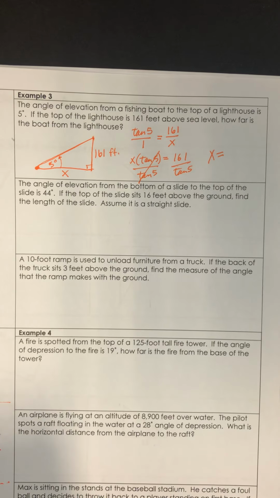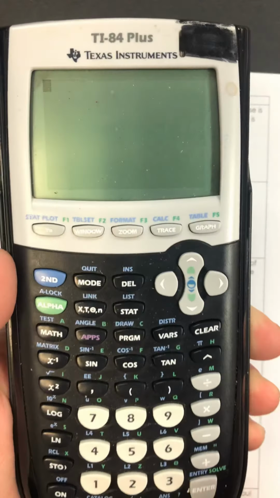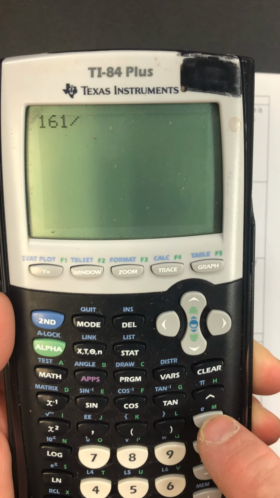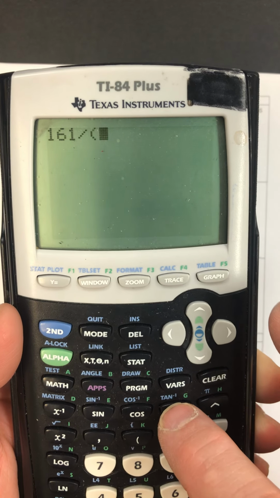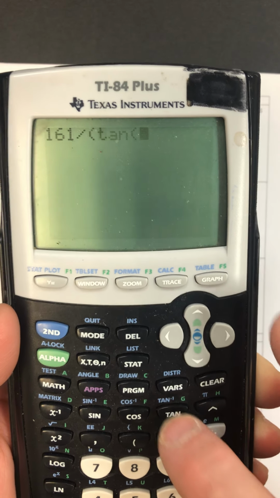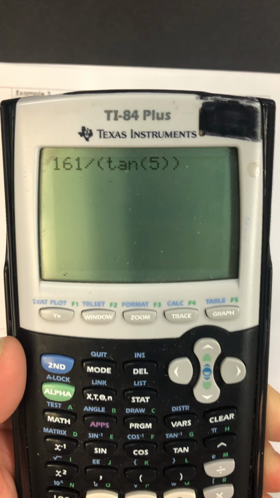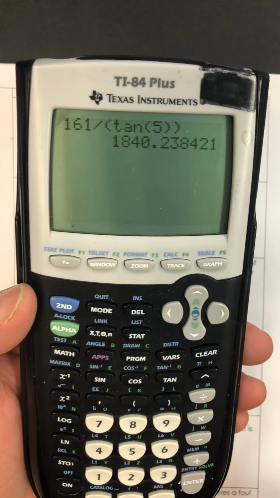If we go to our calculator, I'm going to enter 161 divided by, using a parenthesis to enclose all of what I'm dividing by, tangent of 5, and I make sure I'm in degree mode. Enter. What is that?